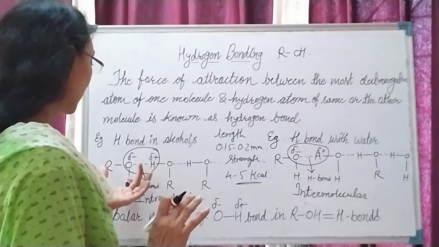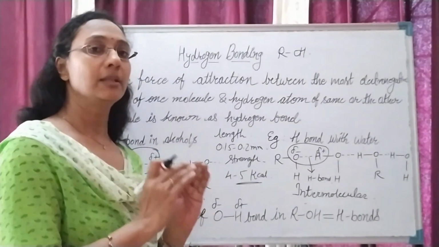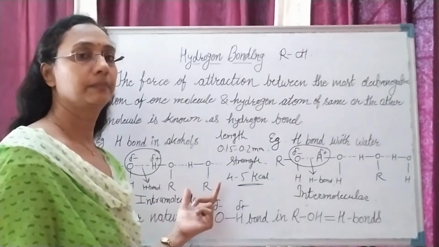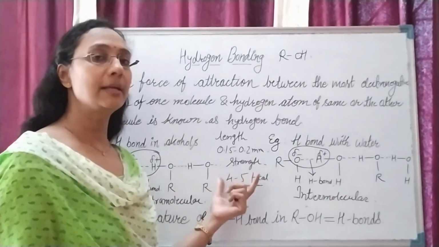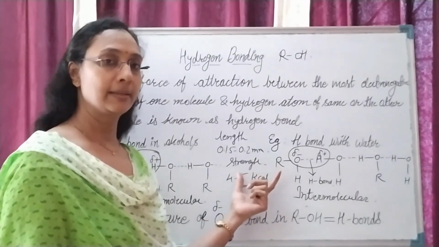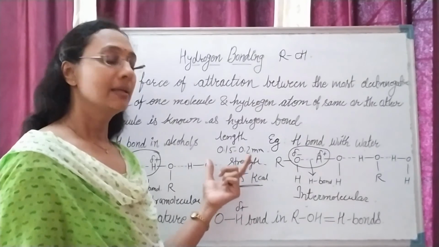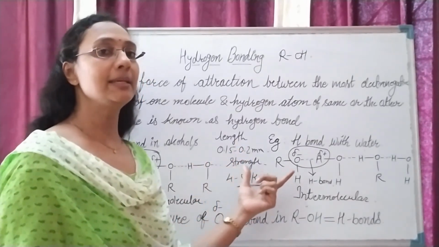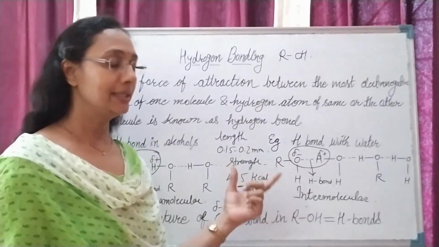When there are fewer carbon atoms, these alcohols are very easily soluble in water. But as the number of carbon atoms in the chain goes on increasing, the solubility of the alcohol in water goes on decreasing.